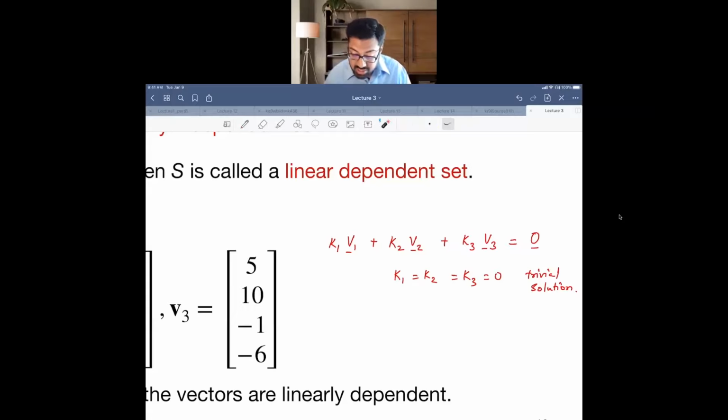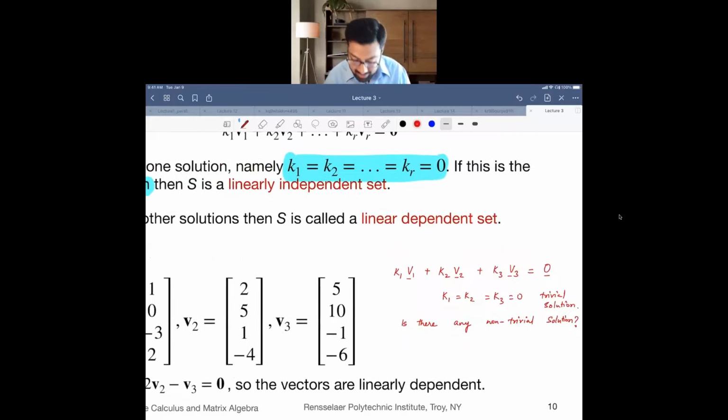The real question is, is it the only way you can do a linear combination of these 3 vectors to get a 0? Or is there any non-trivial solution, at least one? Now, we are going to need to solve a system of equations to find that out.